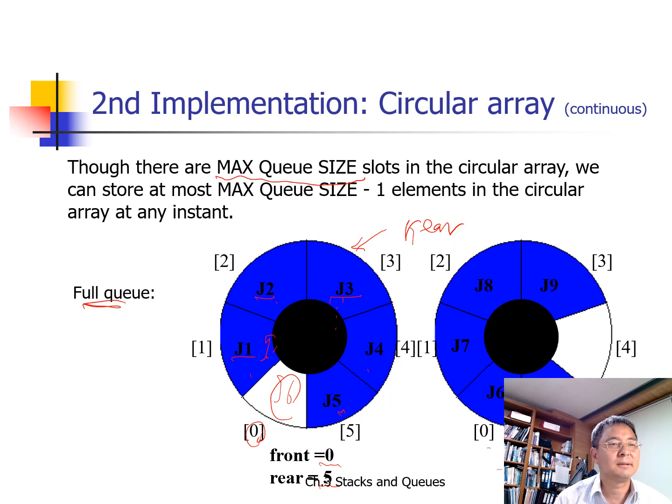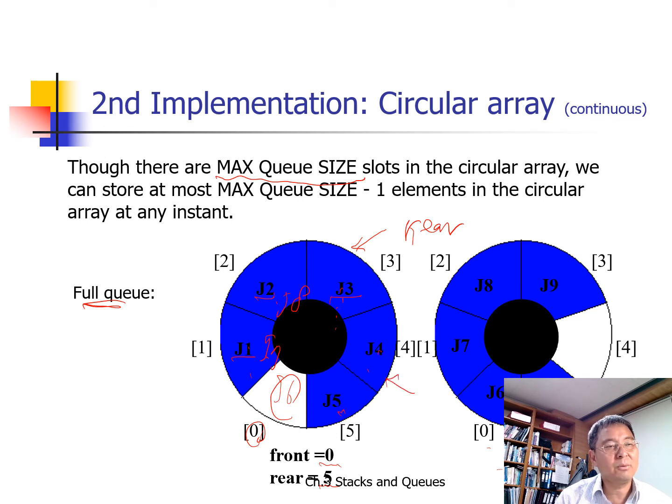J7, J8, and... no, I was wrong here. I deleted J1, J2, J3, J4.